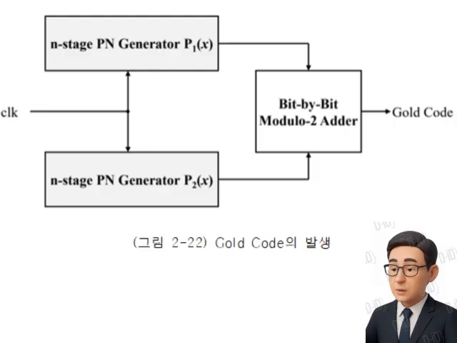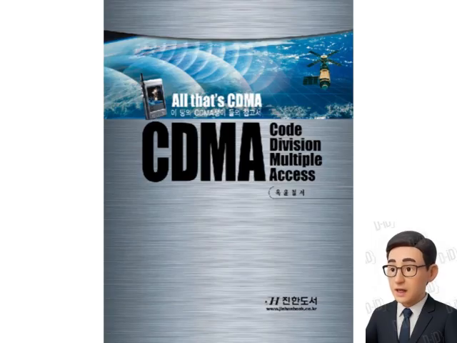Figure 2-22. Since the length of a PN code obtained through an NLFSR is 2 to the power of n minus 1, and the bitwise modulo sum of two PN codes is also 2 to the power of n minus 1, the length of a gold code is 2 to the power of n minus 1. Additionally, by fixing P1 and shifting P2 through 2 to the power of n minus 1 possible phases, 2 to the power of n minus 1 different codes can be generated.